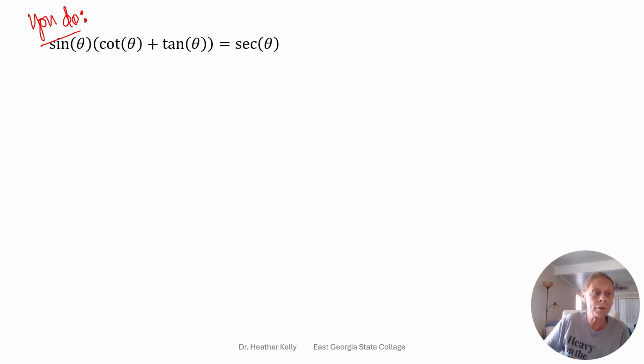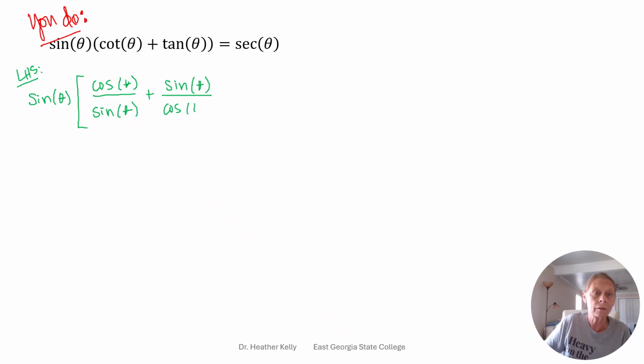So I'm going to work with the left-hand side again for sure. So I'm going to have my sine theta, but then I know I've got cotan, which is cosine theta over sine theta, plus my sine theta over my cosine theta.